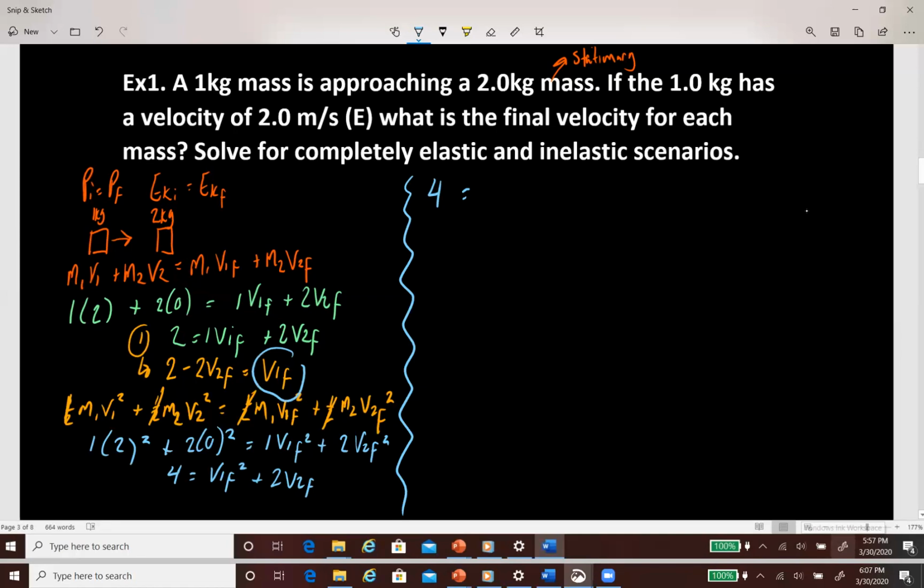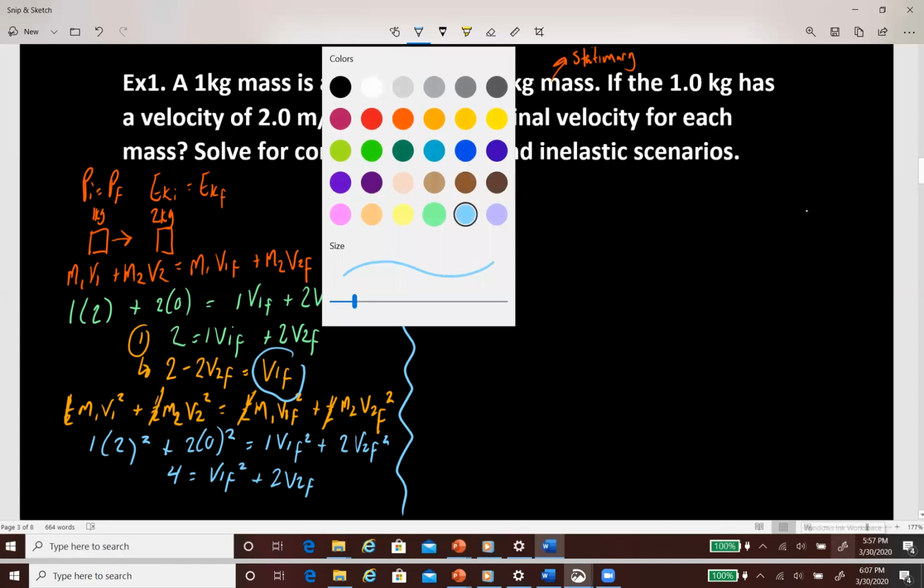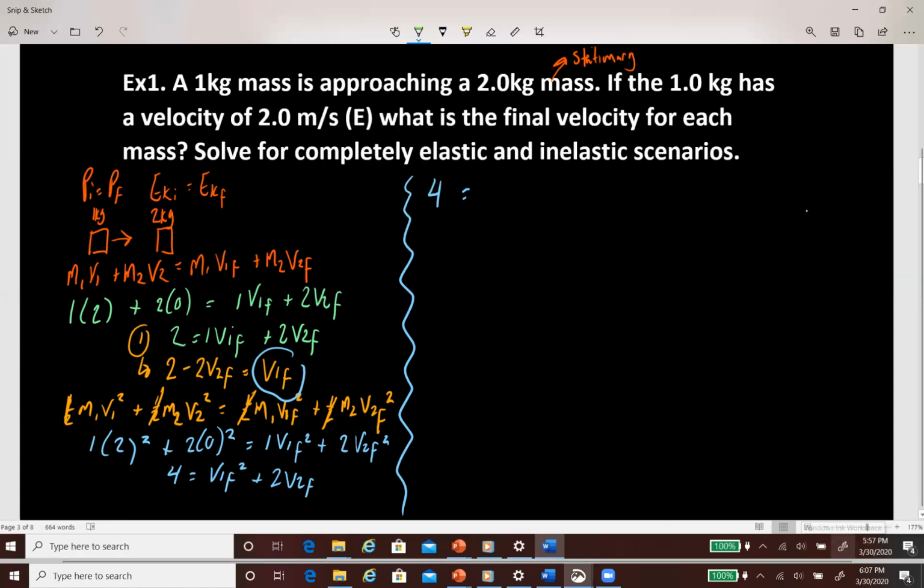We can say that 4 is equal to v1f squared, but v1f is, from the previous equation, 2 minus 2 v2f. Now, there's your v1f, which has been substituted. Now that's squared, plus 2 v2f squared.